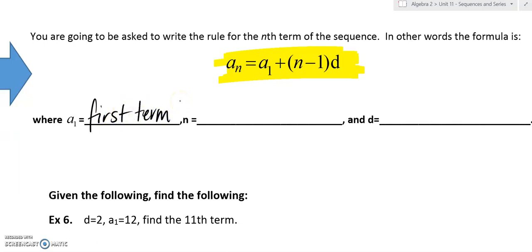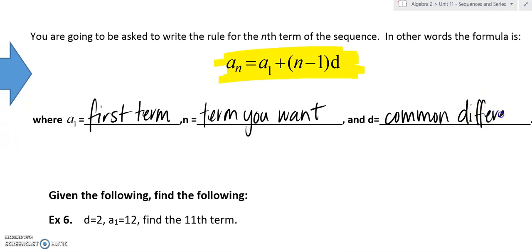The first term in the sequence. The next one is n. This is, let's say, the term you want, or the term that you're looking for. D, we've been talking about this. This is our common difference.